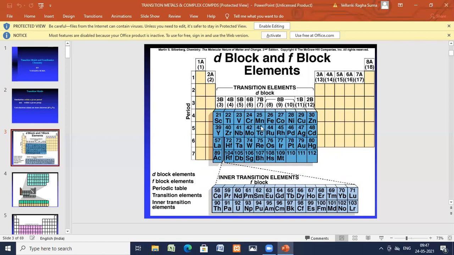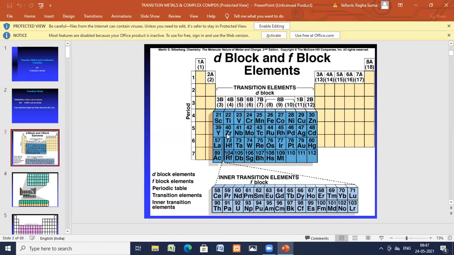In the D block elements, you can see 3B, 4B, 5B, 6B, 7B, and 8B, which is three groups, then 1B and 2B. All these are the transition elements. In the transition elements, we have to talk not according to the groups but depending upon the periods. So it is the 3D series, 4D series, 5D series.